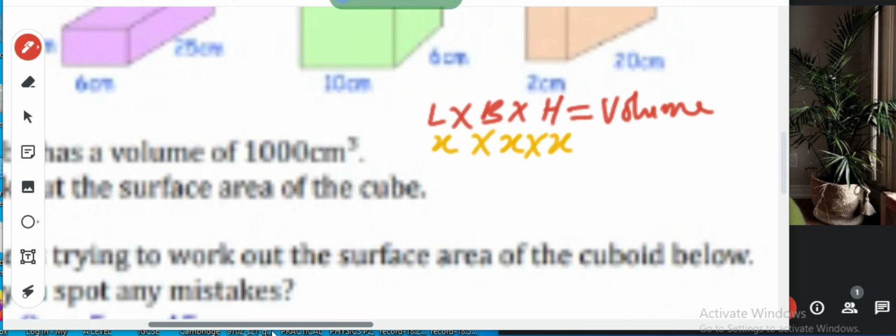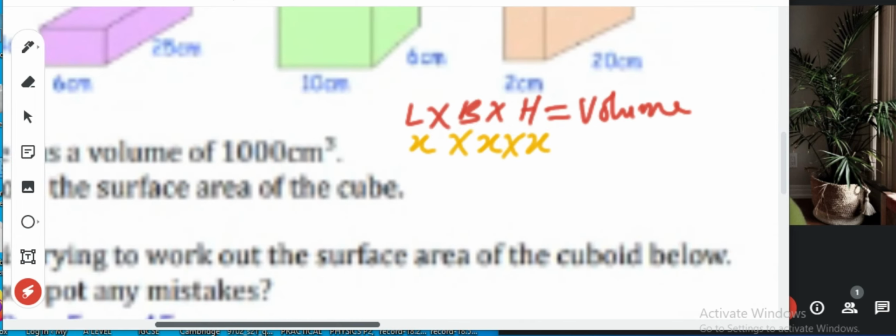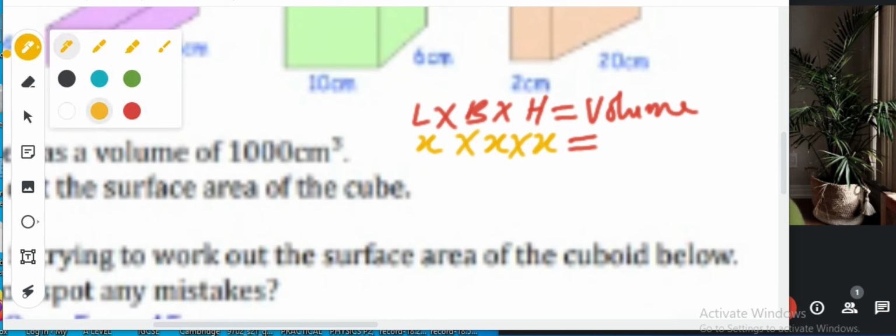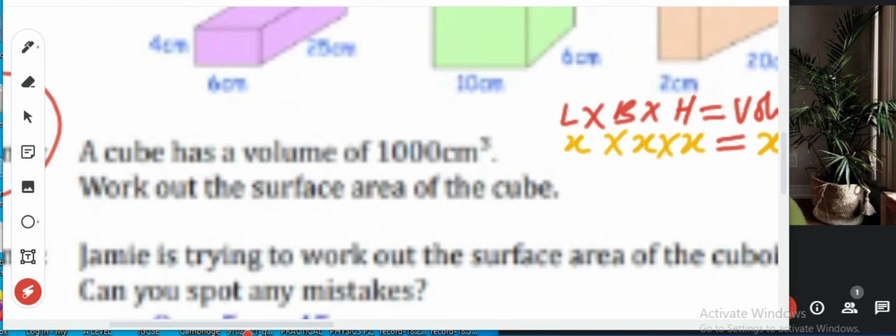Now since all the sides are equal, we do x times x times x, and that's actually x cubed. And we're told that that volume is 1000.